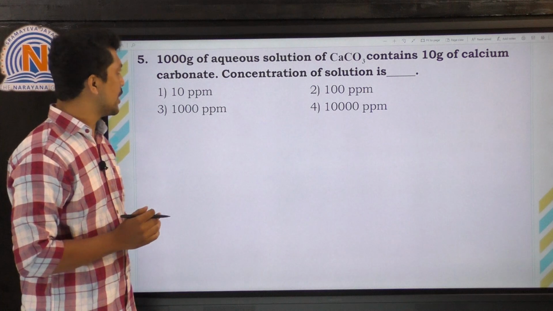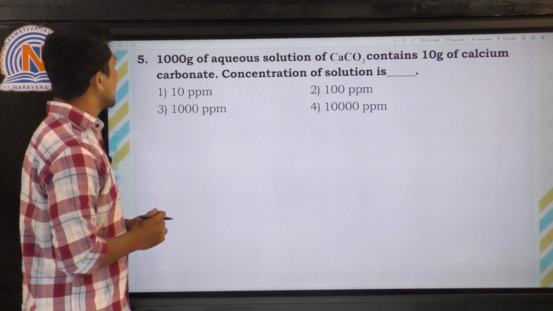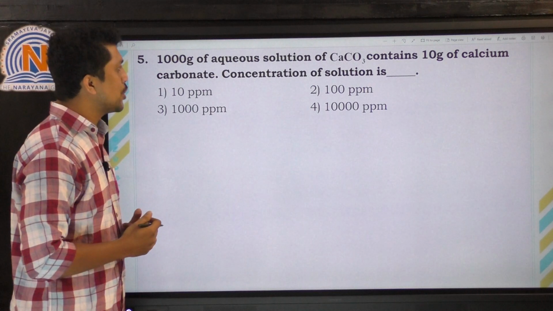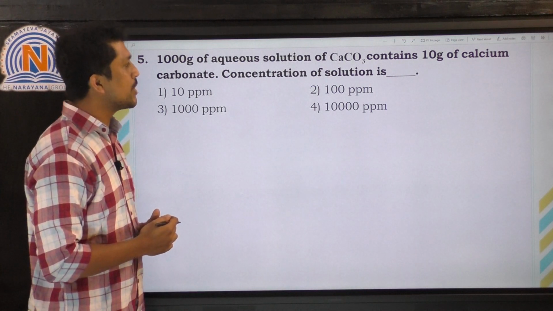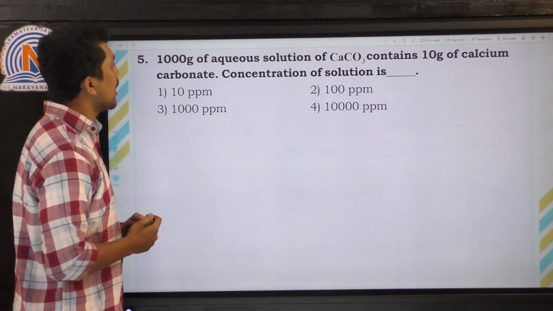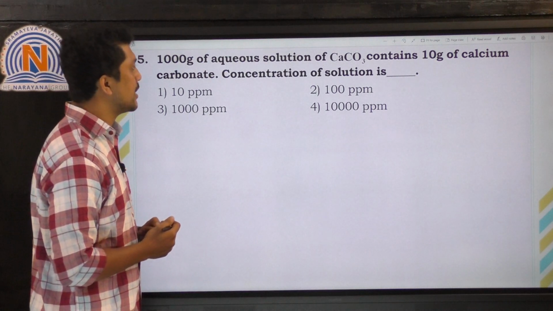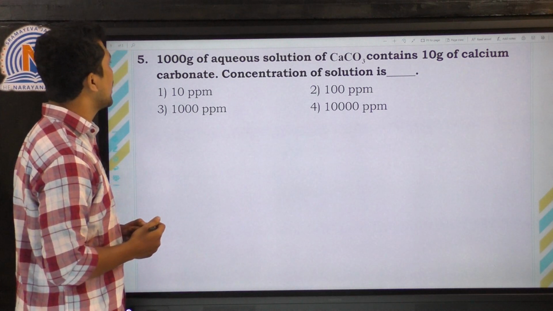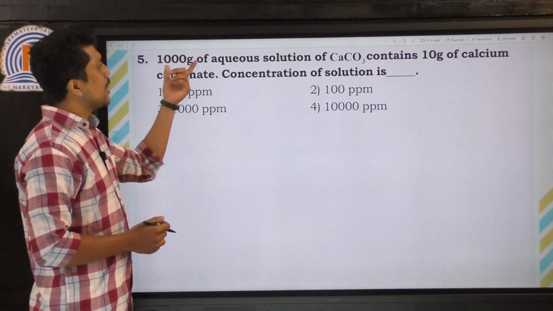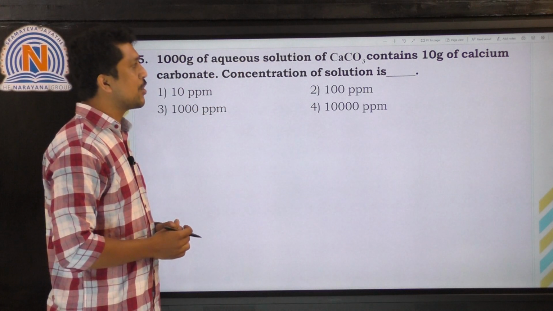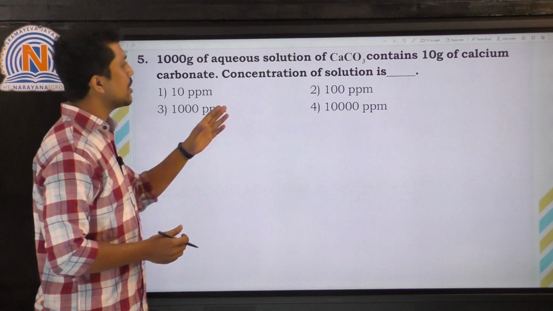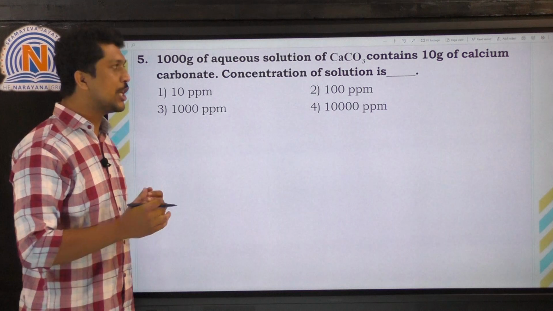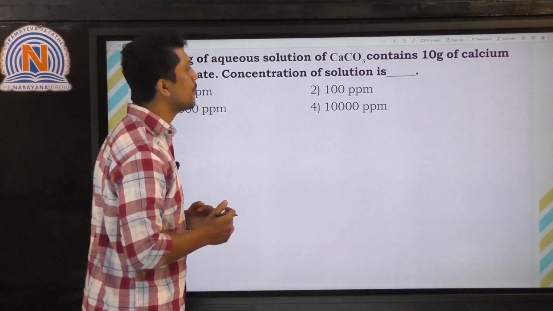Clear? Let's move on to the next question. So this is the fifth question. The question is: 100 grams of aqueous solution of CaCO3 contains 10 grams of calcium carbonate. Concentration of solution is. Here we need to find the concentration of solution.